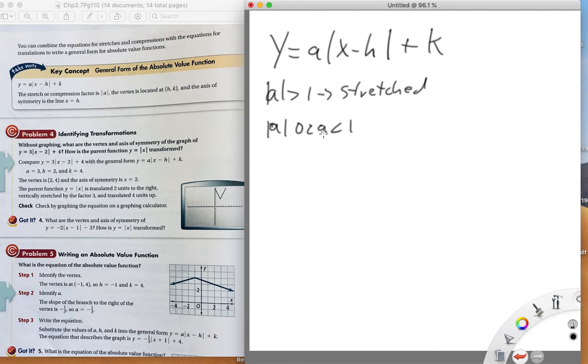And if we have our vertex, the vertex would be at (h, k), where h would be your x coordinate, and k would be your y coordinate.